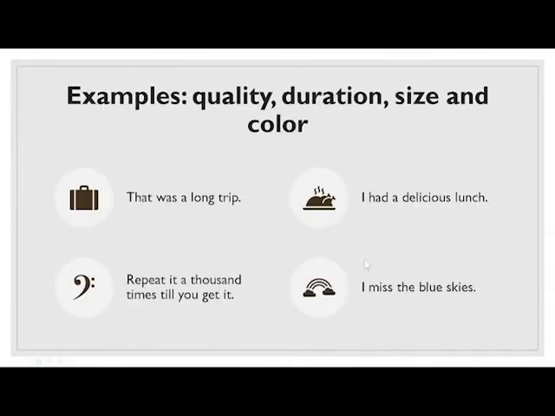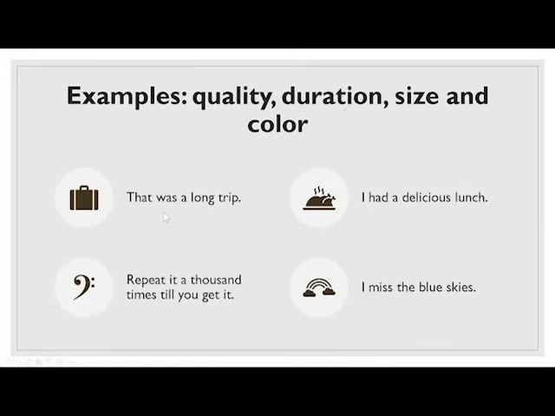Here are some more examples of adjectives that give you more information about the quality, duration, size, and color of something. Please remember that there are other things adjectives can give you more information about. I've just mentioned a couple: quality, duration, size, and color.